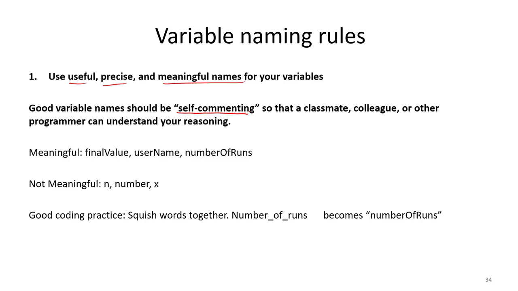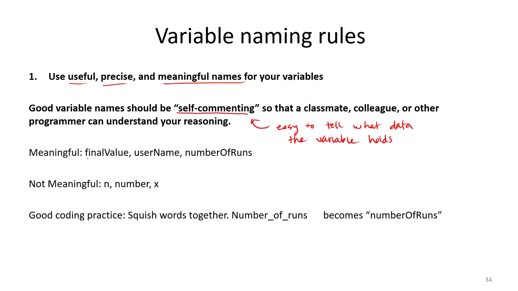What that means is that it should be obvious what kind of data that variable holds. It should be easy to tell what data the variable holds. You want to make it easy for your classmates, colleagues, instructor, or fellow programmers to understand.